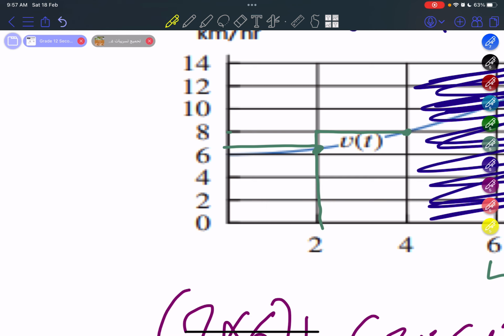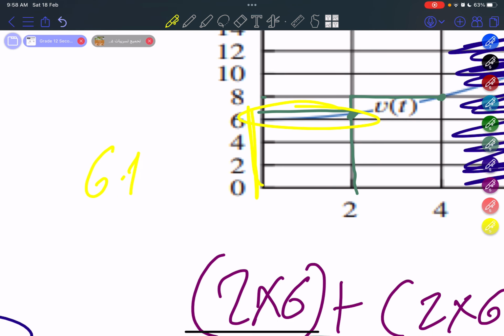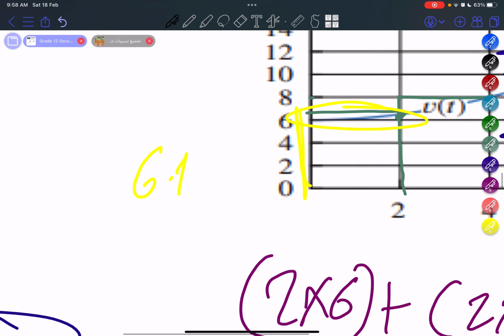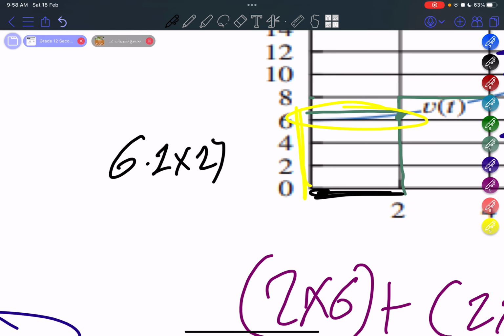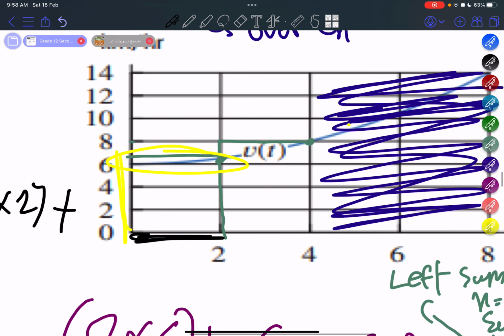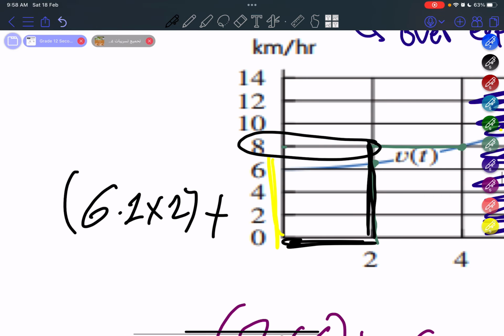As I said here, the length will be 6.1. Okay, let's change the color to make it more clear. So 6.1 times the width, which is 2, plus our second rectangle, our length will be 8 times 2 again.